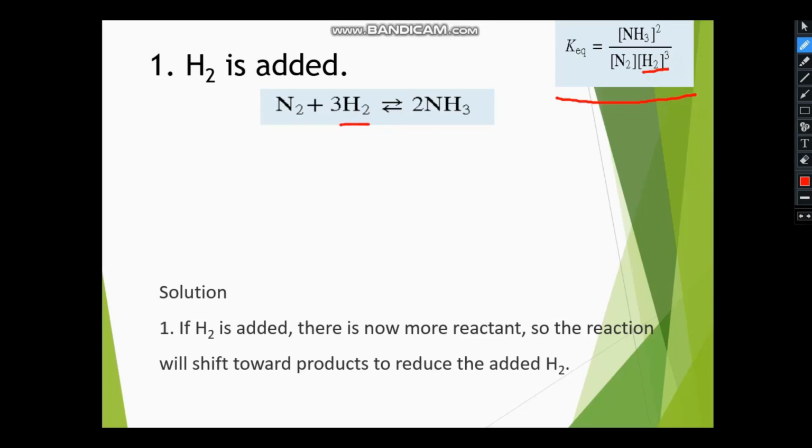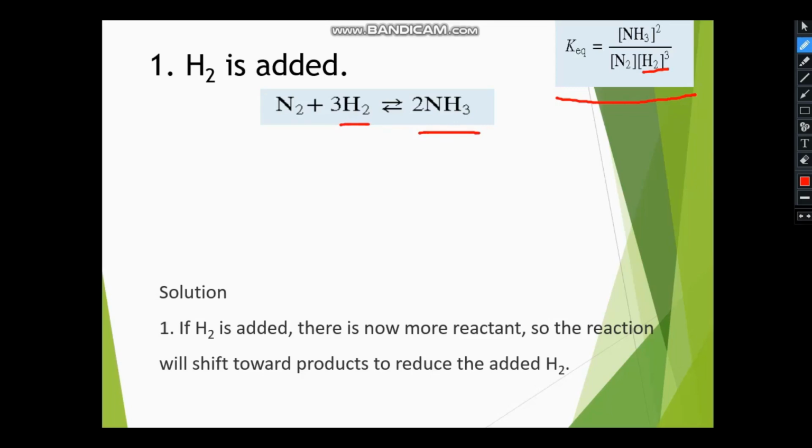So what will happen if the equilibrium constant is reduced? For the number to come back to the original equilibrium constant, more of the numerator should be produced, so more of the product should be made.